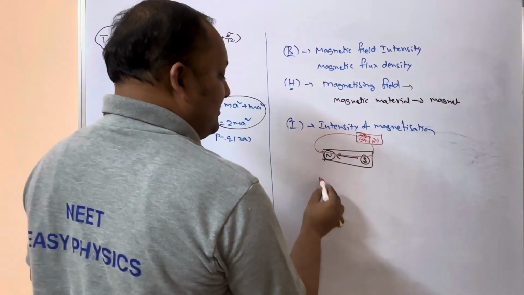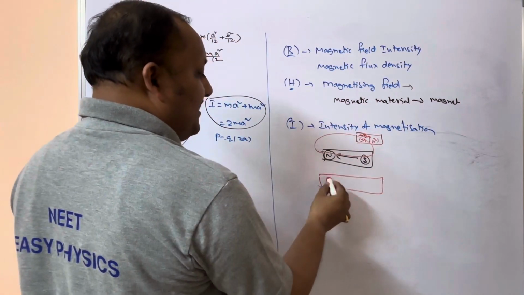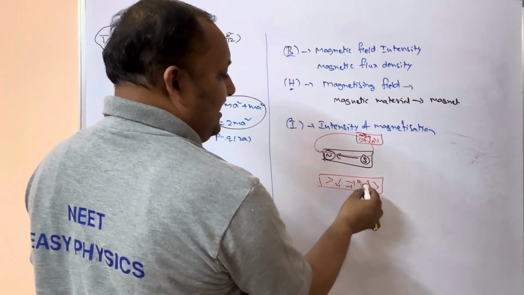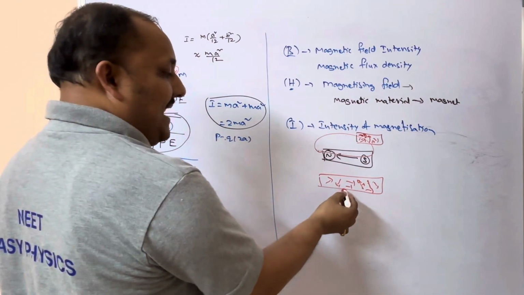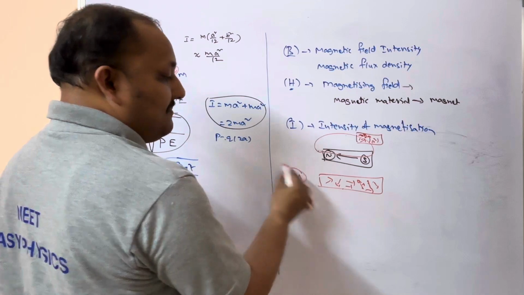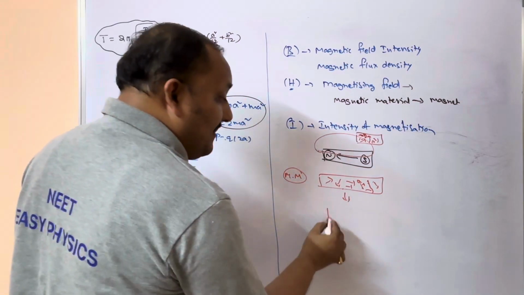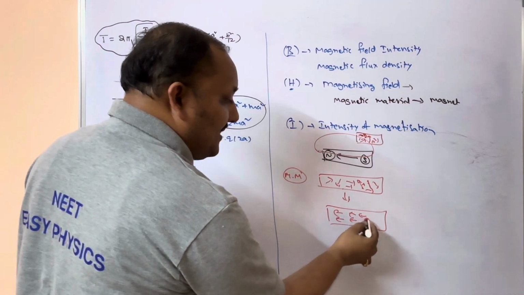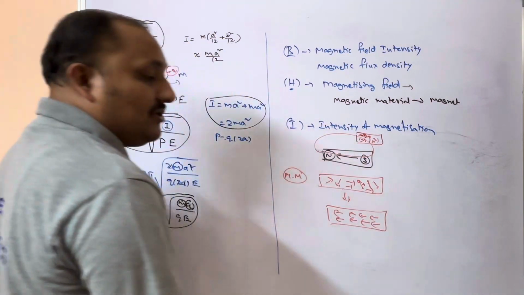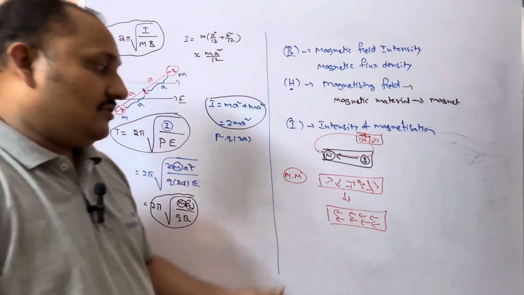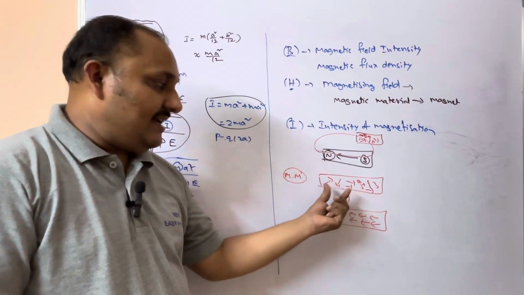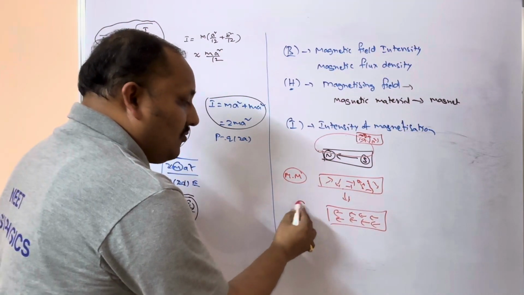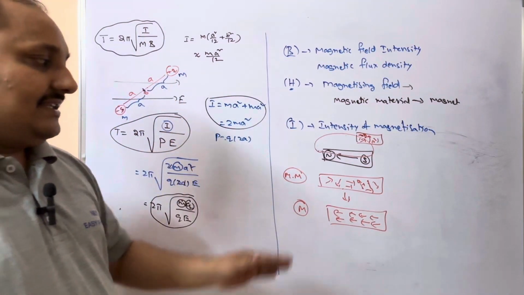In a magnetic material, the dipole moments are not in one particular direction. The material will become a magnet when all these magnetic moments are aligned in one particular direction. If there is disturbance, then it is a magnetic material. If all are aligned in one particular direction, that is a magnet.